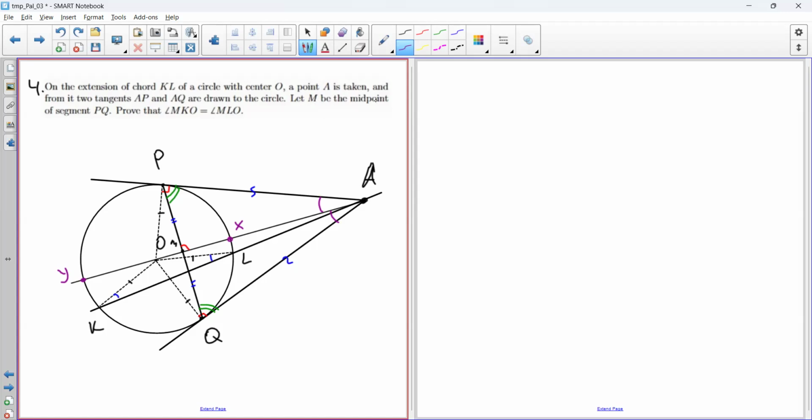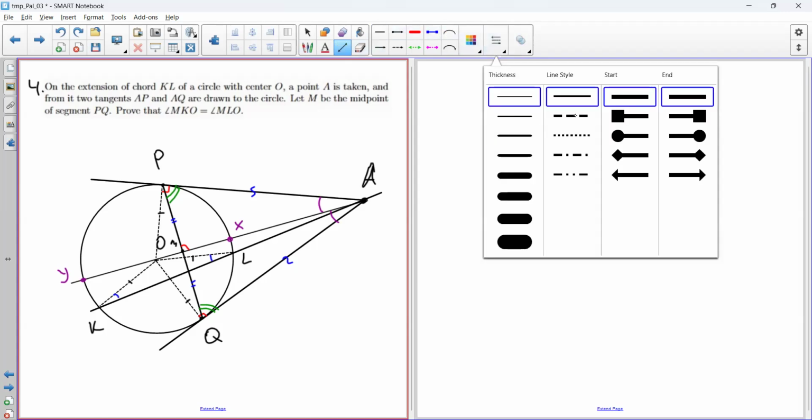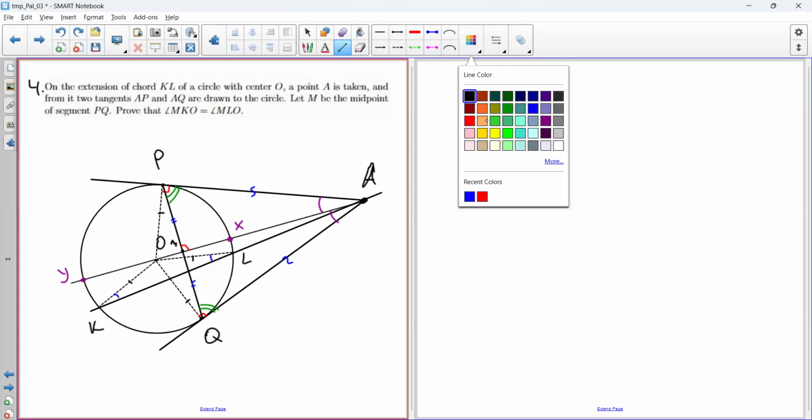Okay, so let M be the midpoint of the segment PQ. Prove that angle MKO equals angle MLO. So we have this. Let's draw it in a different color, probably in blue.